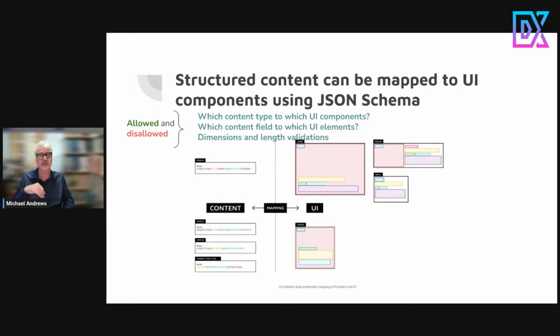JSON Schema allows us to make these definitions. We even have the opportunity to compare the dimensions of images or the lengths of fields for both our content and our UI components, and to make sure that they match up well, so we don't have anyone trying to use things in the wrong way and having some bad consequences from that.